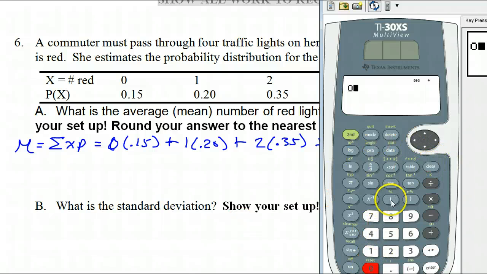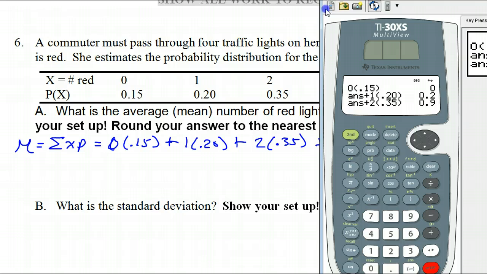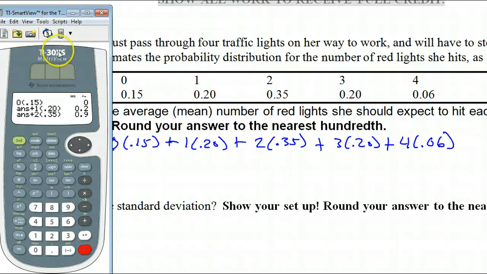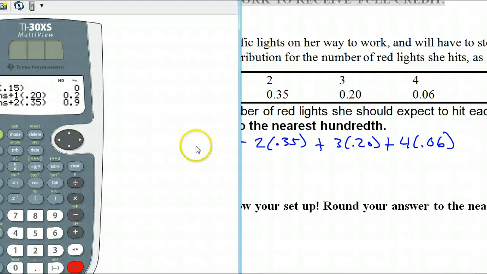Okay, so this would be 0 times 0.15, which I didn't really have to type in because I knew it would be 0 anyway. Okay, plus 1 times 0.20. Let's see, plus 2 times 0.35. Okay, plus, hold on.